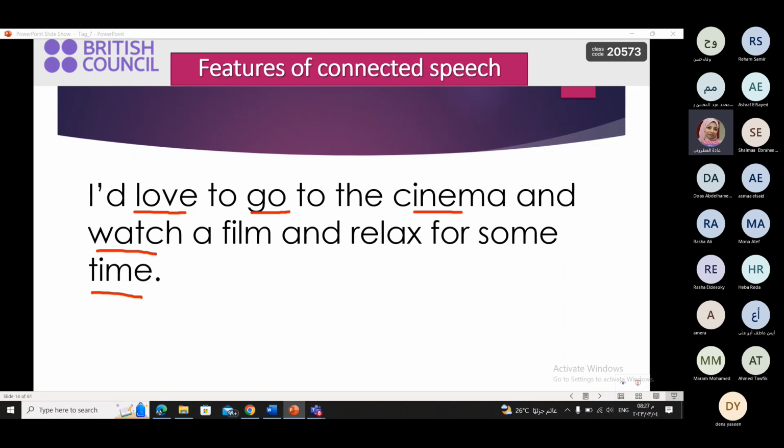But what about the other words like I'd, to, the, a, and, for, and some? These words don't convey meaning. So if we say the sentence like this: love, go, cinema, watch, film, relax, sometime.